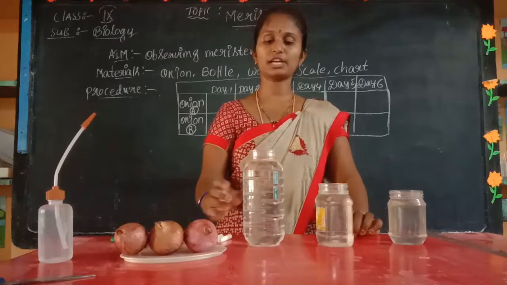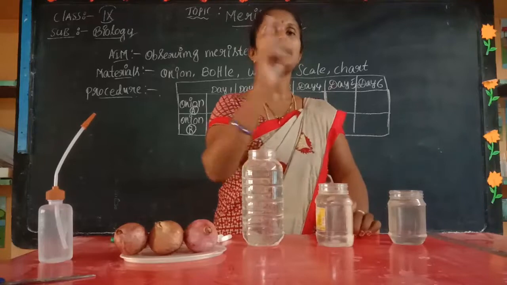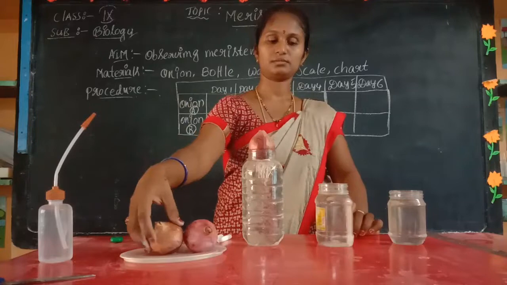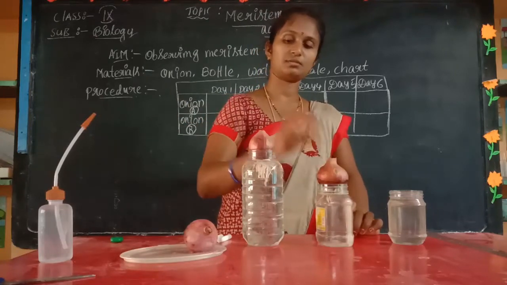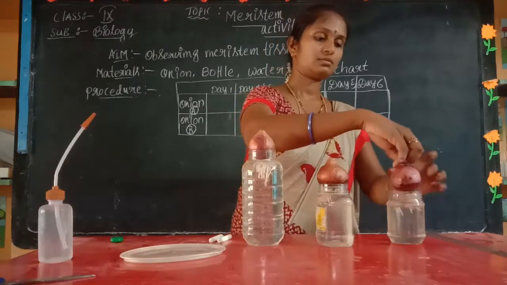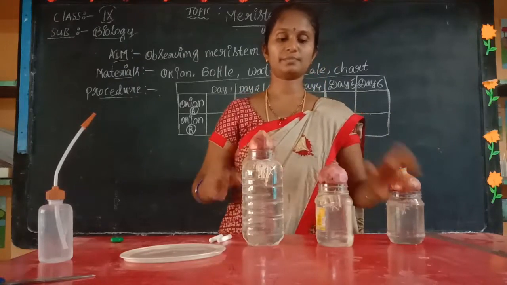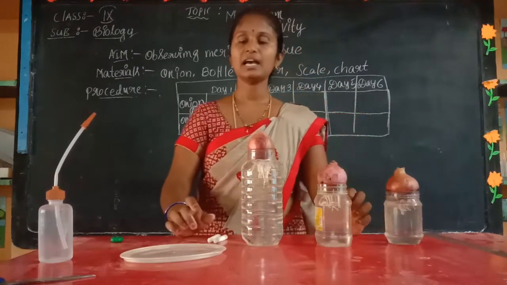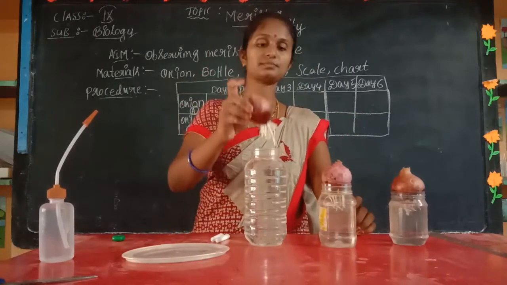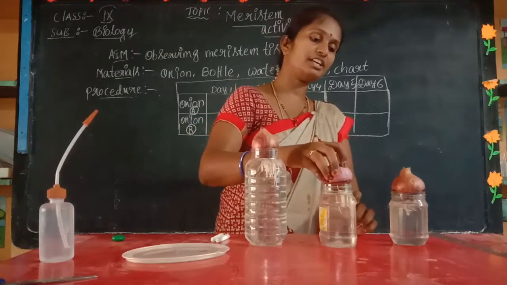I kept these bottles filled with onions at day 1 like this, and I observed for 6 days. After 6 days, I got roots for every onion.